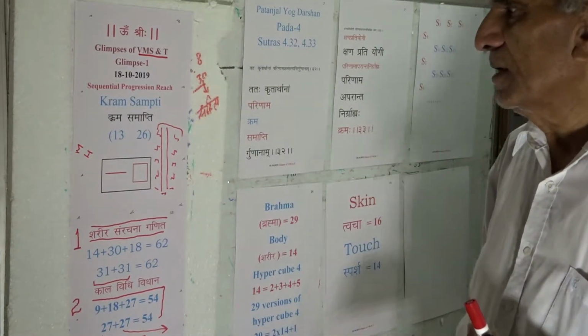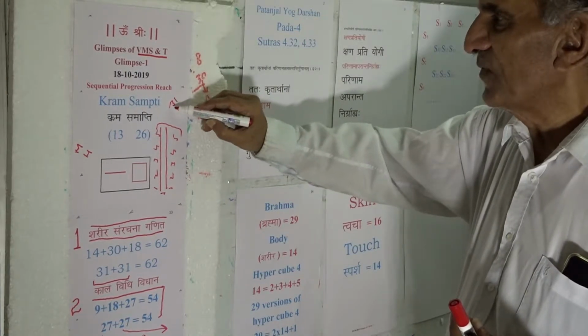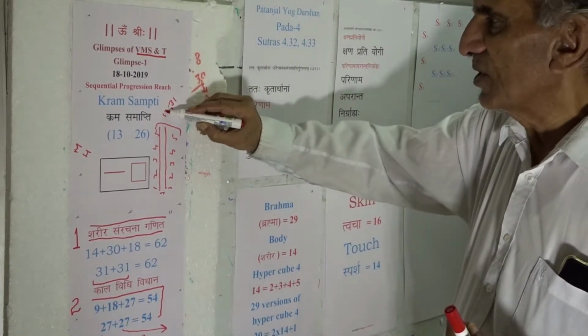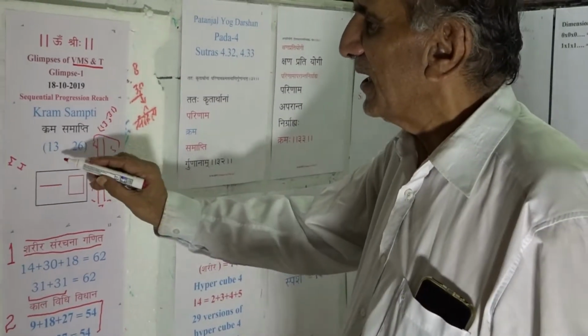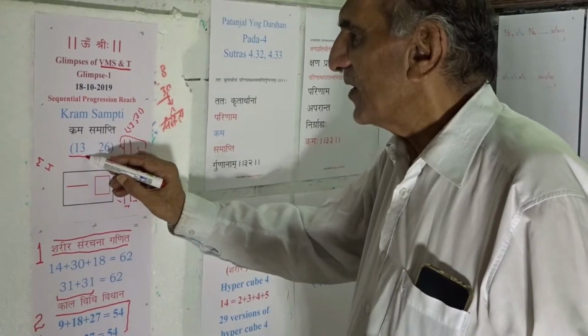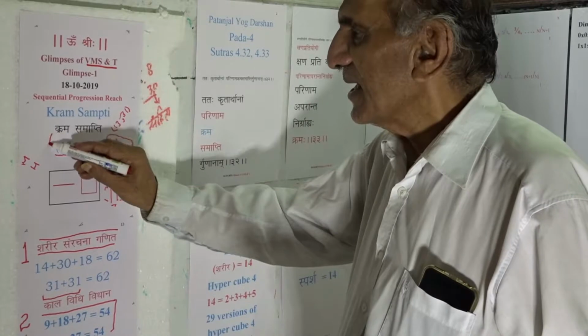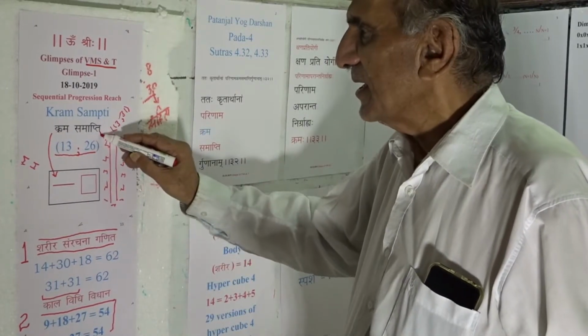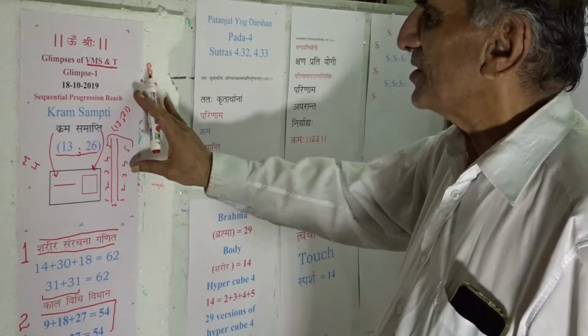This value 31 makes a reflection pair with value 13. Value 13 duplicates itself as value 26. It becomes a Kram Samapti. It is the sequential progression reach.